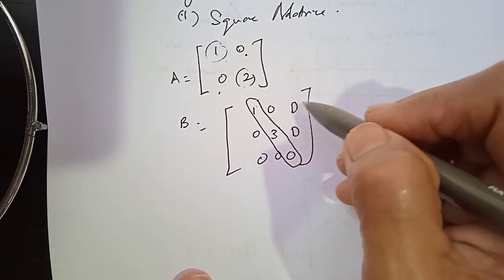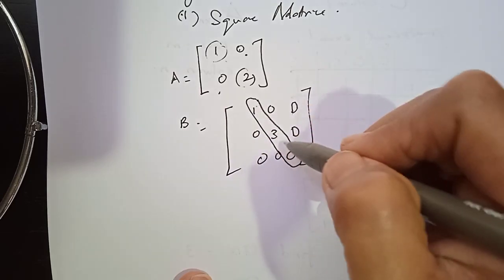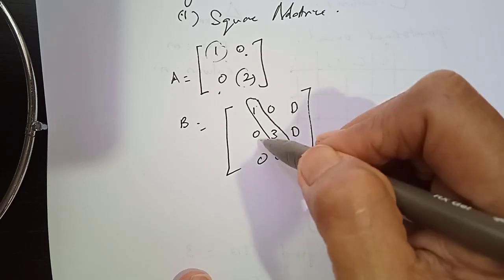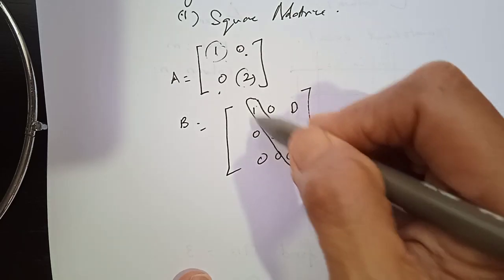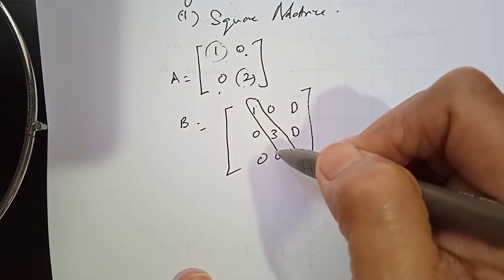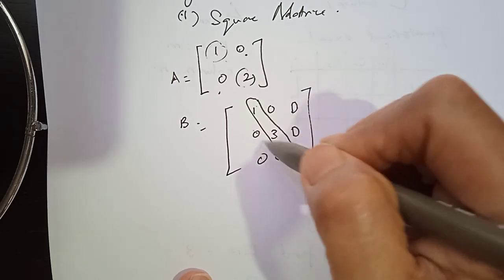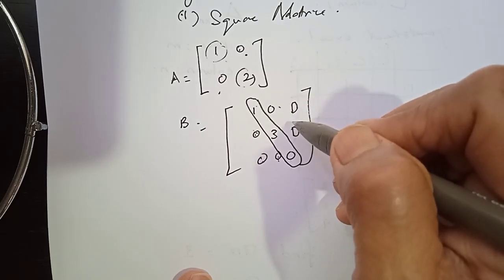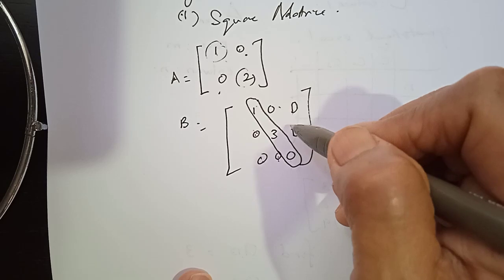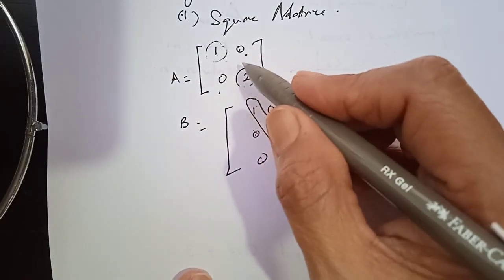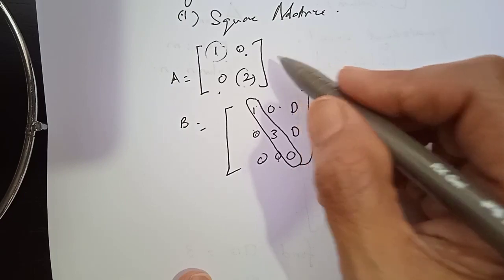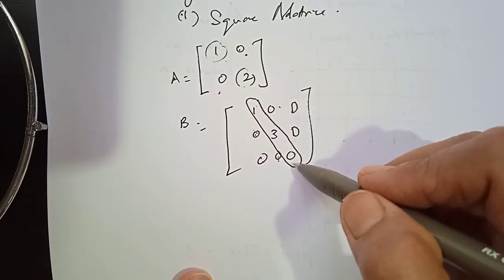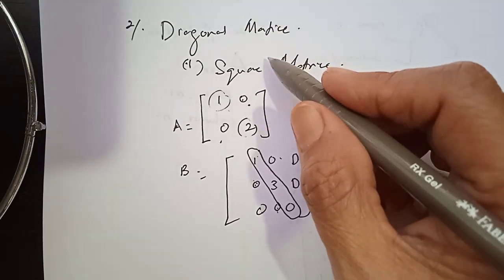Real numbers in the diagonal part; the diagonal part, 0 is also a real number, and elsewhere is 0. So this is also considered as a diagonal matrix. The diagonal part is either 0 or not 0, but elsewhere is 0. So this is called diagonal matrix.